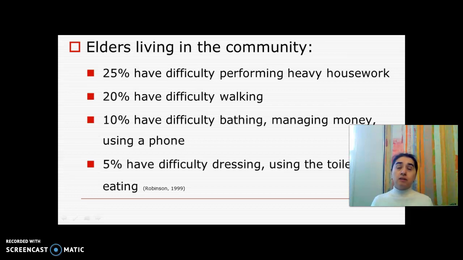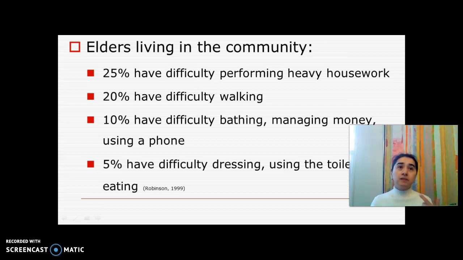So these individuals might need ambulatory devices, assistive devices, and you can see them walking around the city with a walker or a cane, but they still can live their lives independently with minimal assistance from other people. 10% have difficulty bathing, managing money, and using the phone.